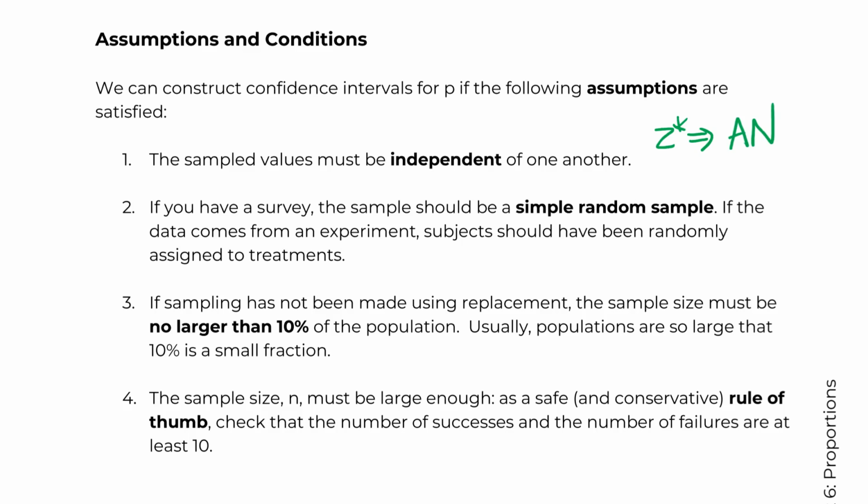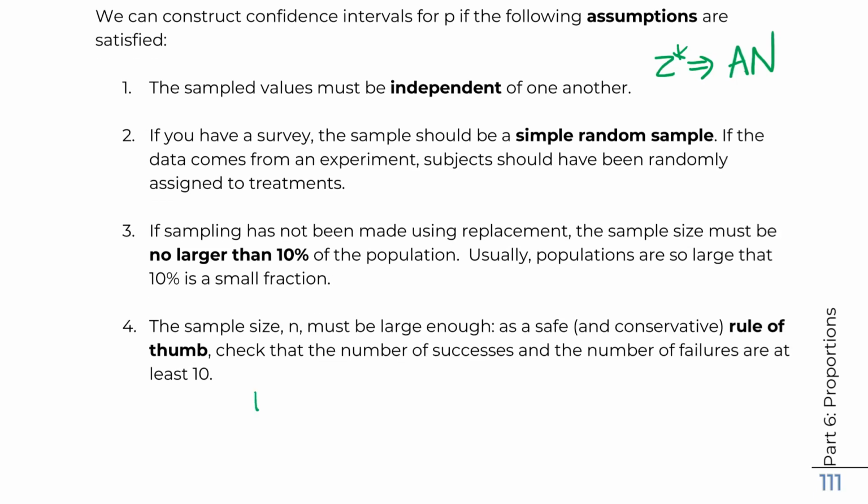Here's the only difference. In our original problem, when we were in 6.1, we looked at NP and NQ both being greater than or equal to 10. But now when we're making a confidence interval, we don't truly have P, right? We don't know what that is. We're making a whole interval to guess what P is.